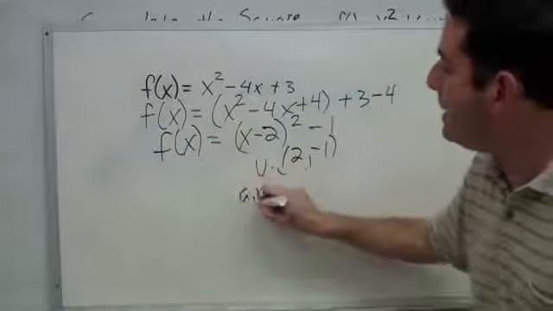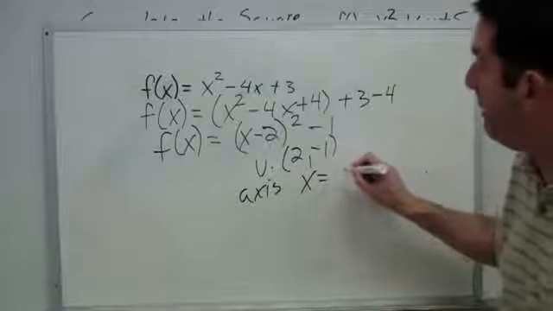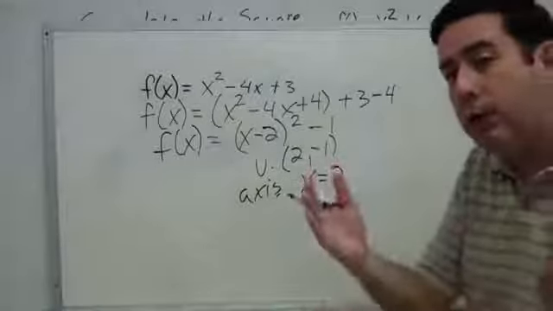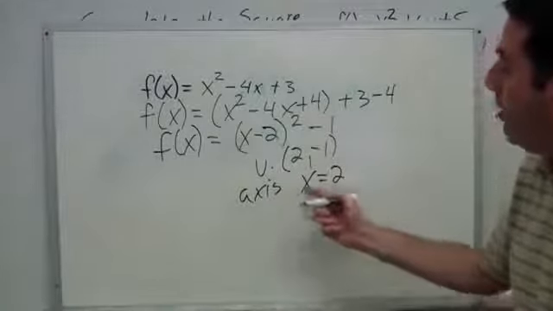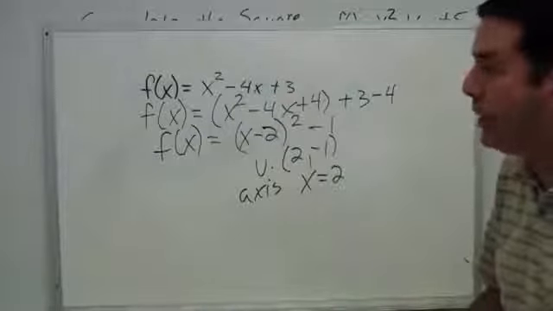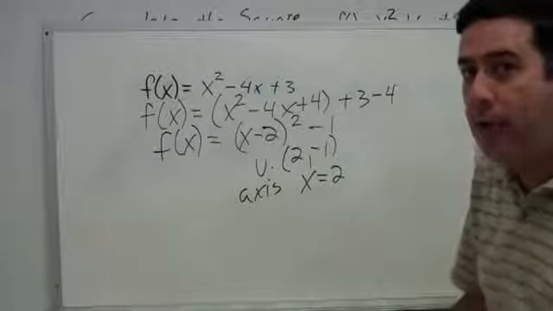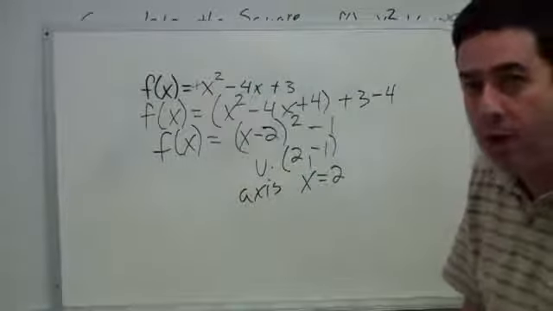And the axis of symmetry is the vertical line through a vertex of a parabola that either opens up or opens down. This one is opening up, so x equals 2 is the axis of symmetry. I can tell that that parabola opens up because it has a positive leading coefficient.